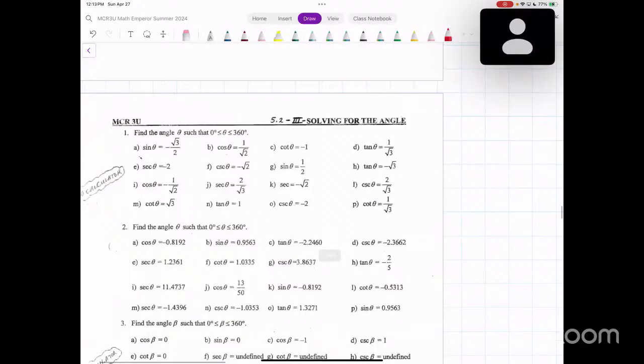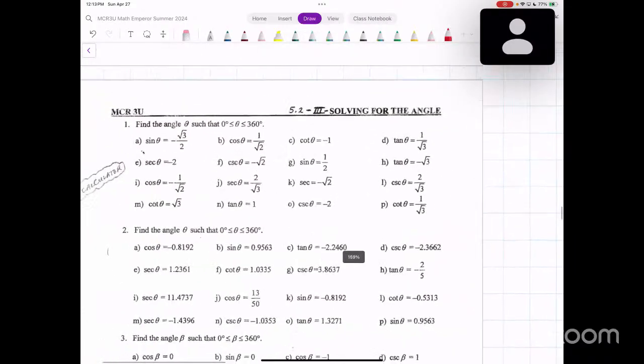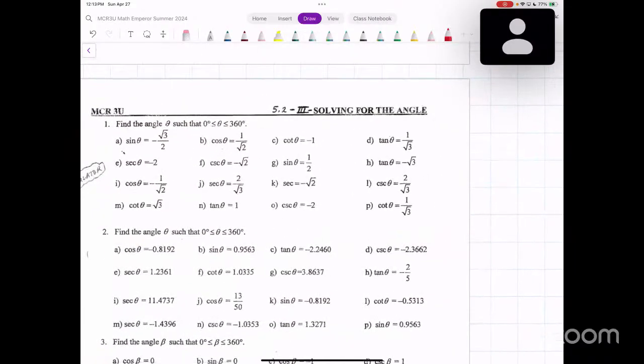So let's do some practice. First one, perfectly exact value. Second one, not perfectly exact value. So that being said, all right, you guys are experts on that. I really did do all of them, but I'm not going to ask you guys to do all of them.